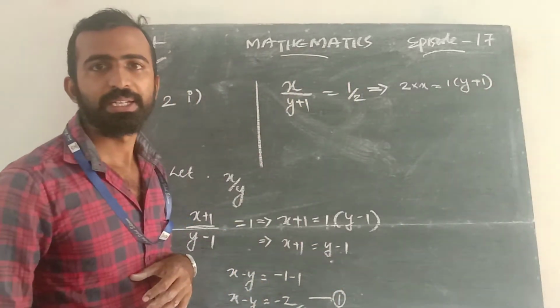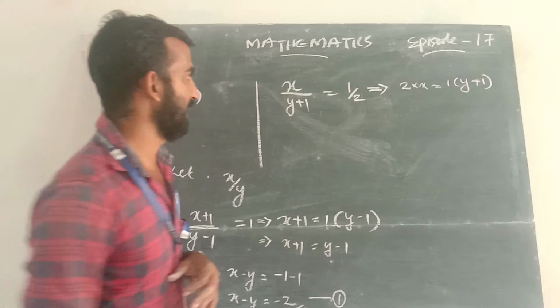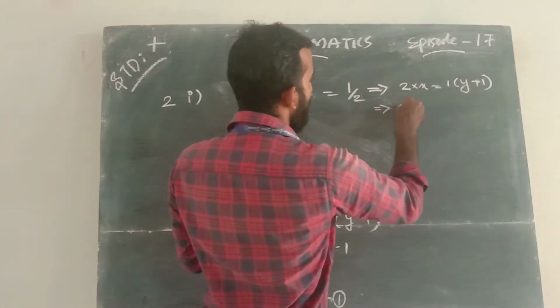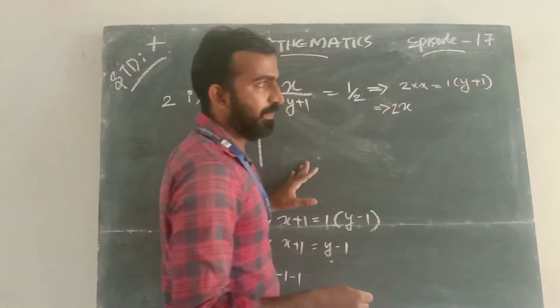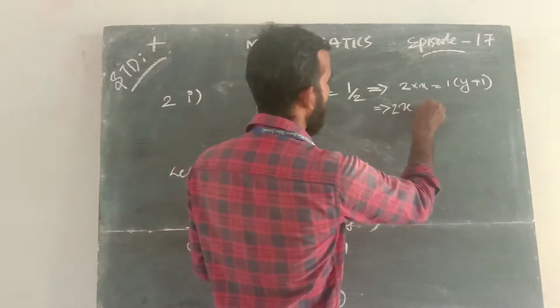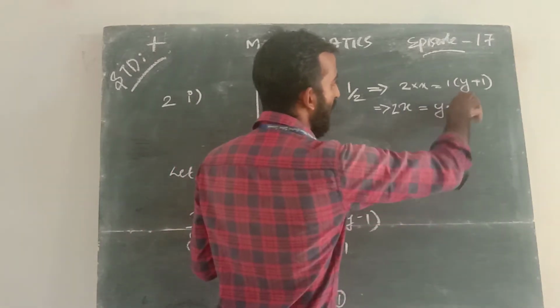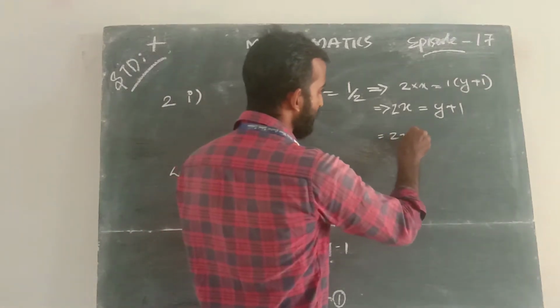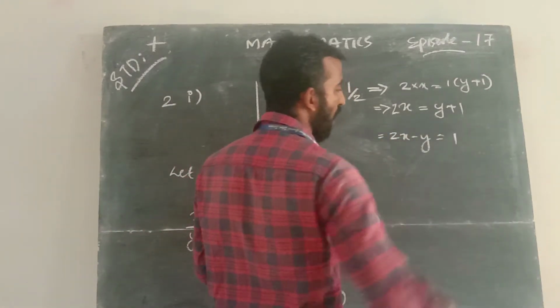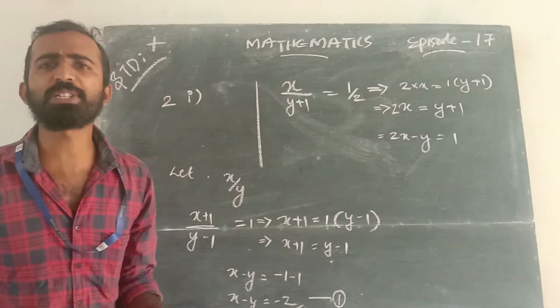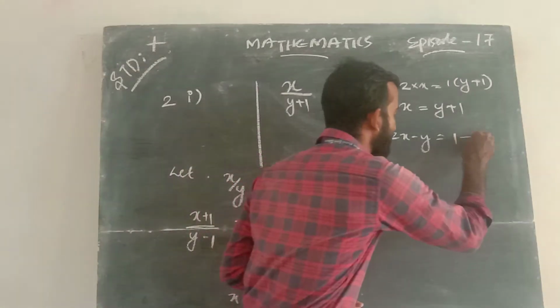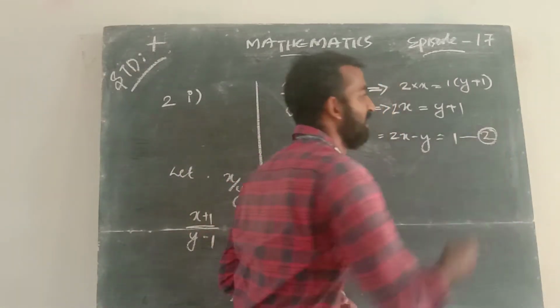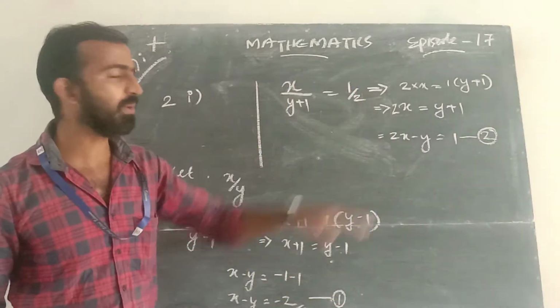Is it right? Yes. That is 2x equal to y plus 1. Next step, we can write 2x minus y equal to 1. This is our equation number 2.